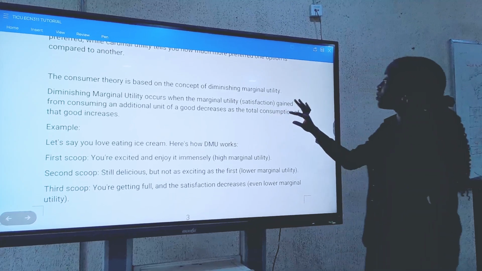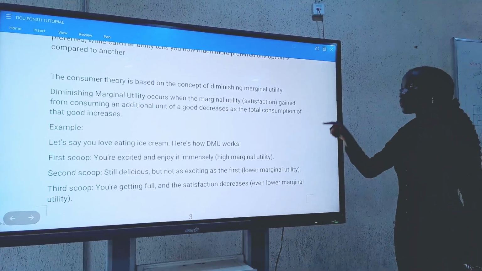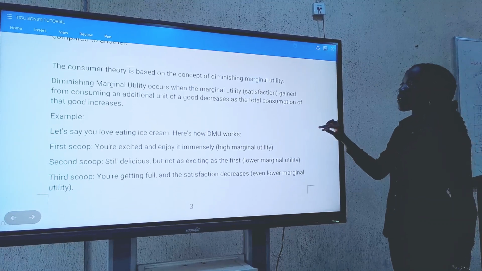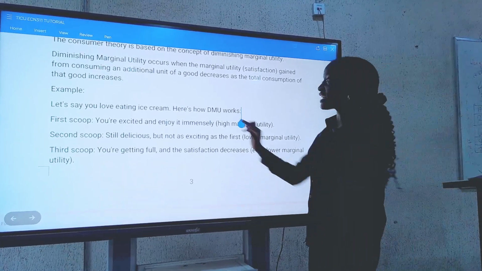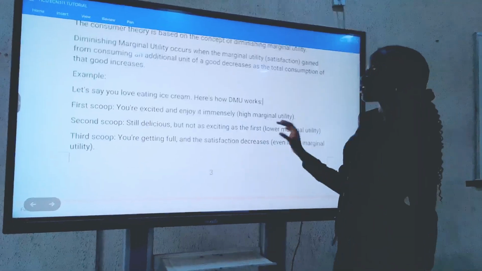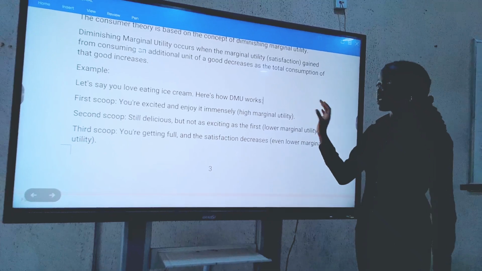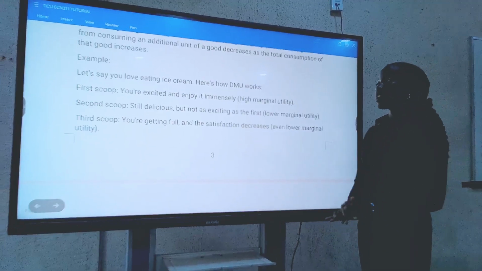It occurs when the marginal utility gained from consuming an additional unit of a good decreases as the total consumption of that good increases. A real life example of diminishing marginal utility.